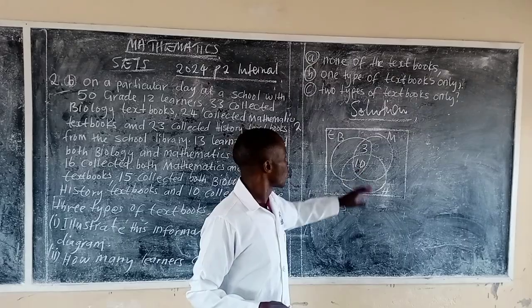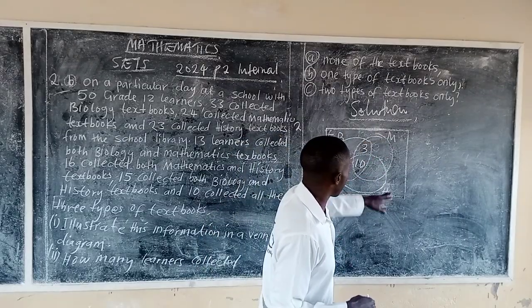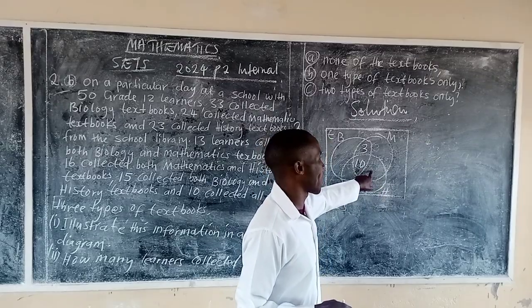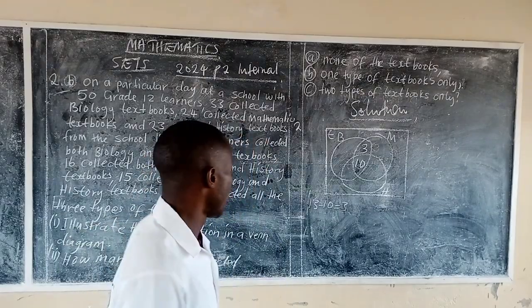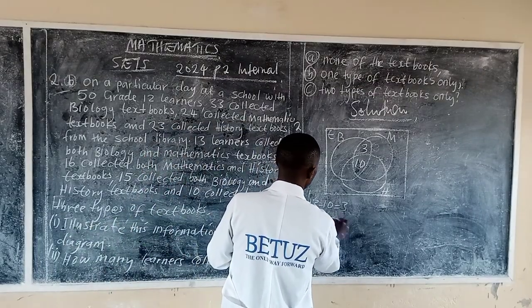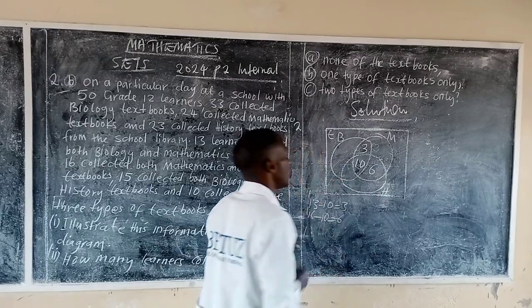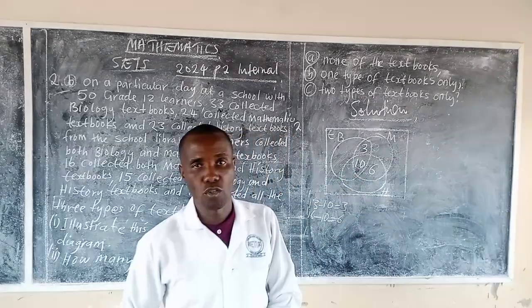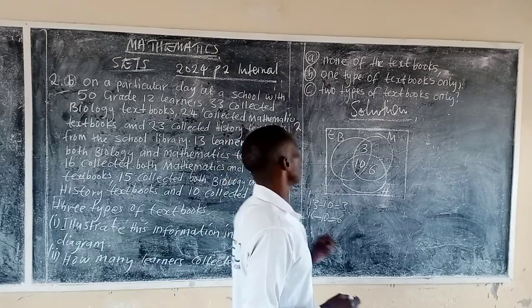So for us to find 16 learners that corrected both mathematics and history, because 10 is already there, we have to subtract 10 from 16. Okay? So when you say 16 minus 10, automatically you are going to have 6. So that 6 is the one which will be intersecting. And for you to prove, when you add 10 plus 6, you are going to have what? 16.